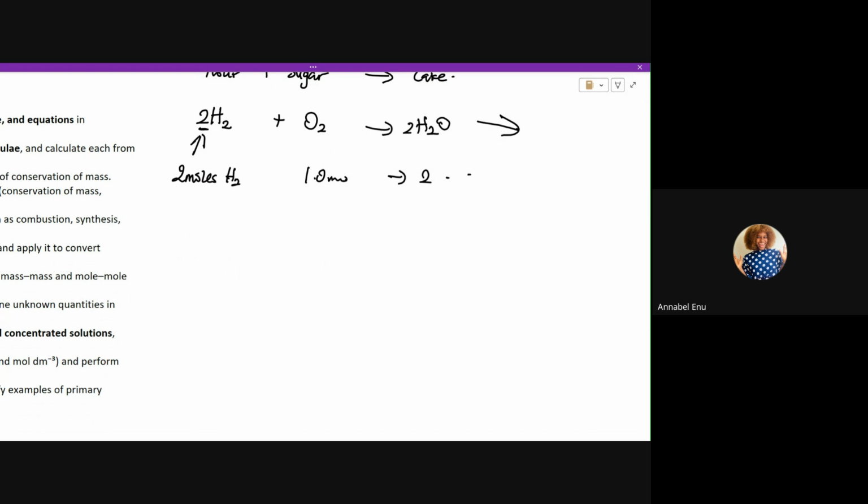Since oxygen is 2 in the reactant, and the relative mass of oxygen is 16, it's times 2, which is 32. In the product we also have 2 oxygens, which will also give us 16 times 2, which is 32. So nothing is lost. The total mass in the reactant is the same mass that we see in the product.